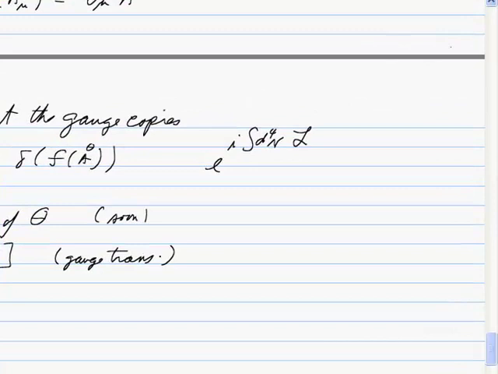And then when you do that, you've left behind the constraint, and so you've factored out all the gauge transformations, left behind only those A's that satisfy the constraint.